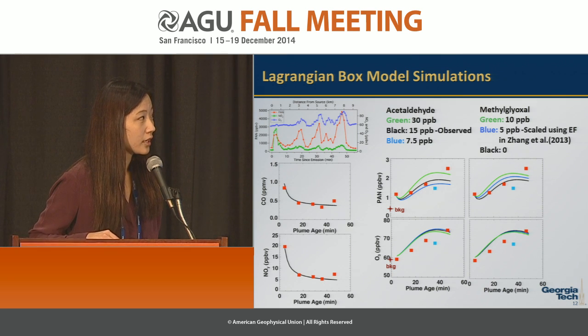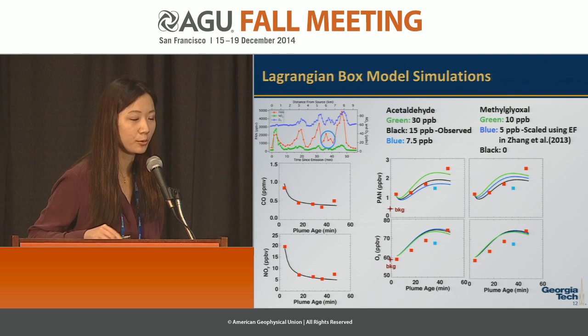In all these graphs, the square markers represent the averages of peaks at various distances downwind, and the curves represent model simulations. The blue square here represents the average value of the small peak here, and it is likely that the aircraft at this point was not in the center of the plume.